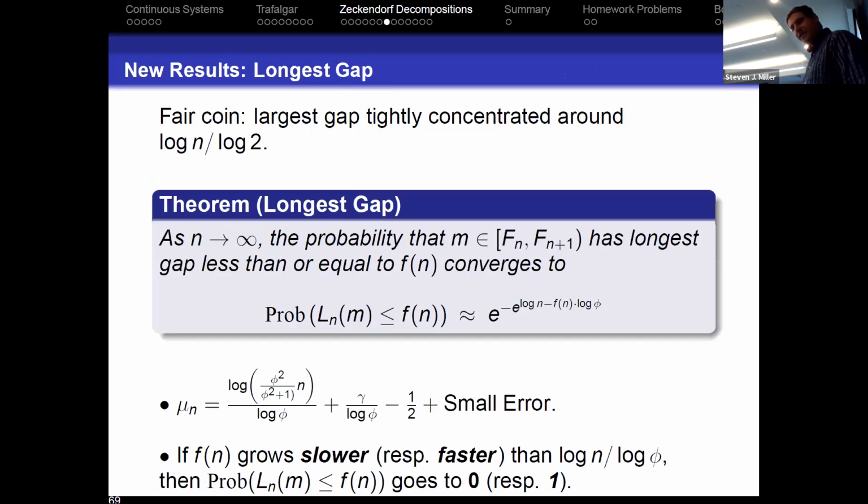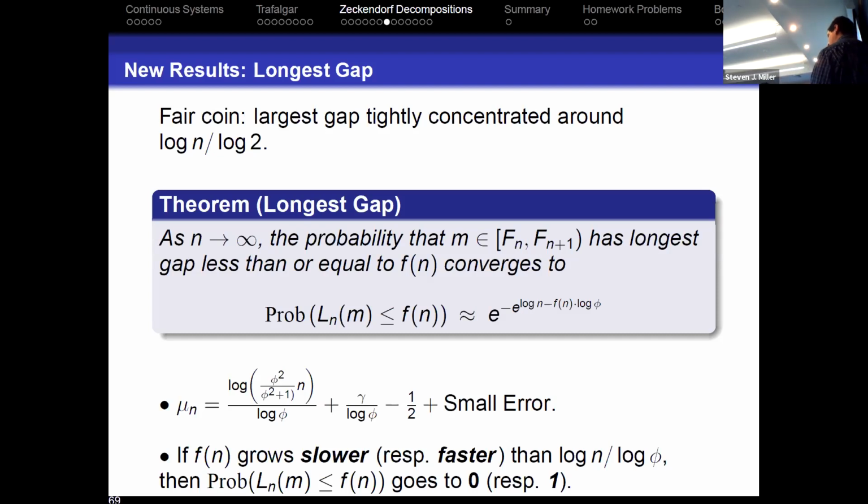The other thing is, I will not ask if you've ever had a sadistic calculus professor. I will just assume that at some point in your life, you have had somebody who's giving you painful derivatives to do just because they like to see you scream, okay? And you might have to take the derivative of the exponential of an exponential. Here is a situation where the exponential of an exponential actually arises. You can look at what is the distribution of the longest gap between sums.